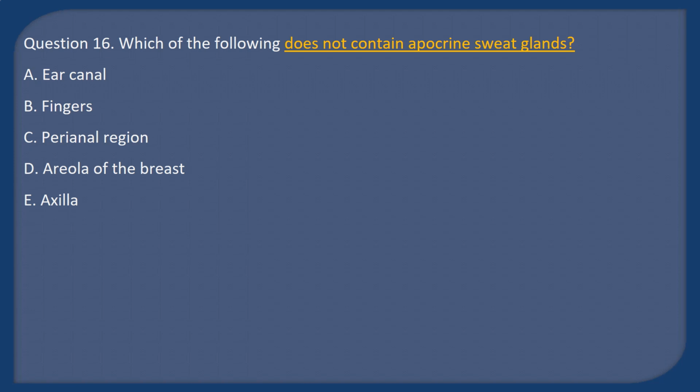Question 16. Which of the following does not contain apocrine sweat glands? A. Ear canal. B. Fingers. C. Parietal region. D. Areola of the breast. E. Axilla.